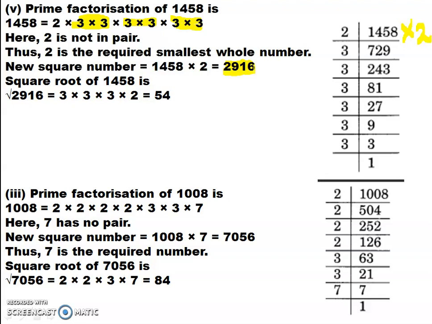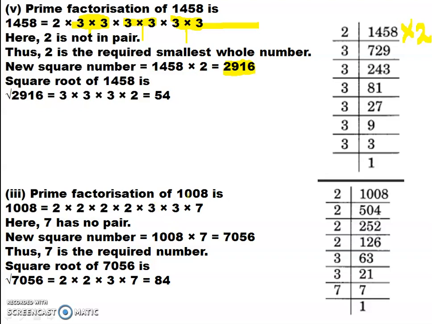Now how will you find the square root of 2916? Already you have 3 three times. So what is the extra number that comes? It will be 2. So the square root of 2916 is equal to 3 into 3 into 3 into 2. That is 54.